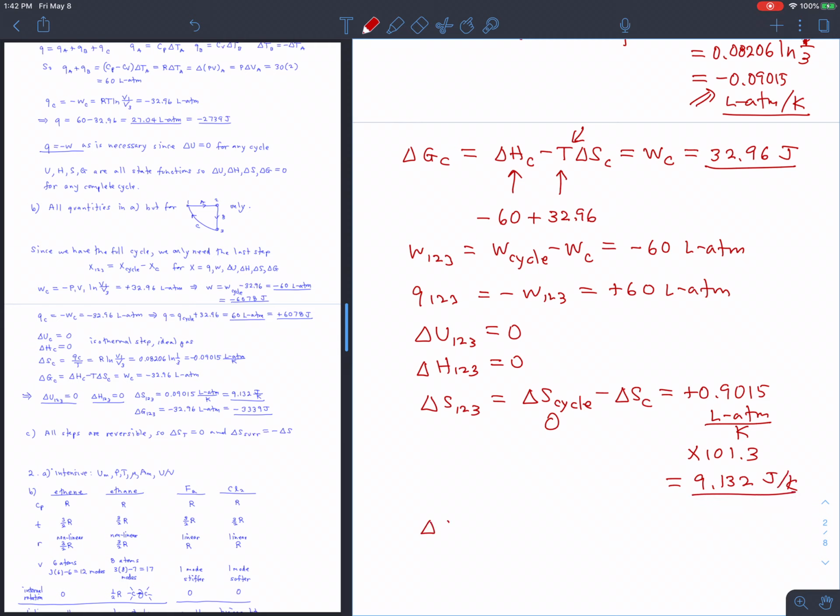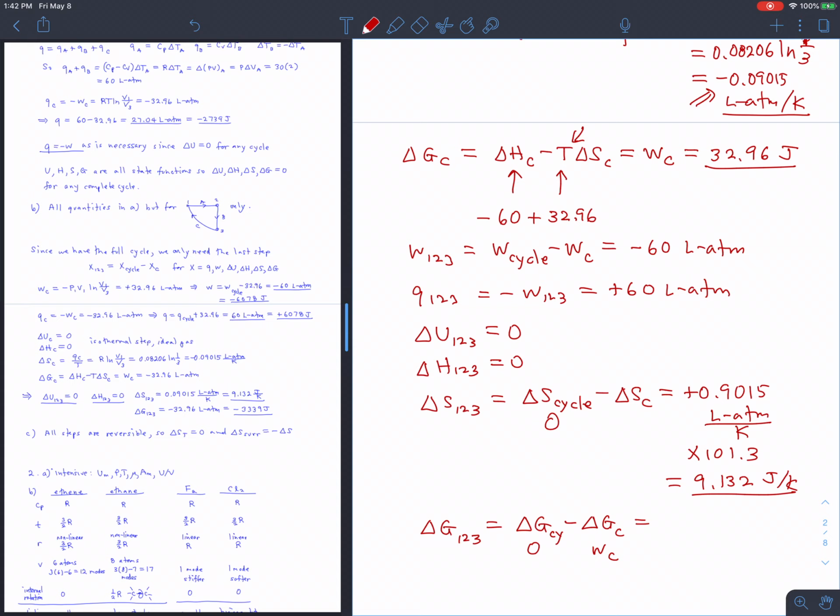And then finally delta G, that's just equal to the reversible work for C. And delta G for 1, 2, 3 is equal to delta G for the cycle, which is 0, minus delta G for C. That's just equal to work for the cycle, right?